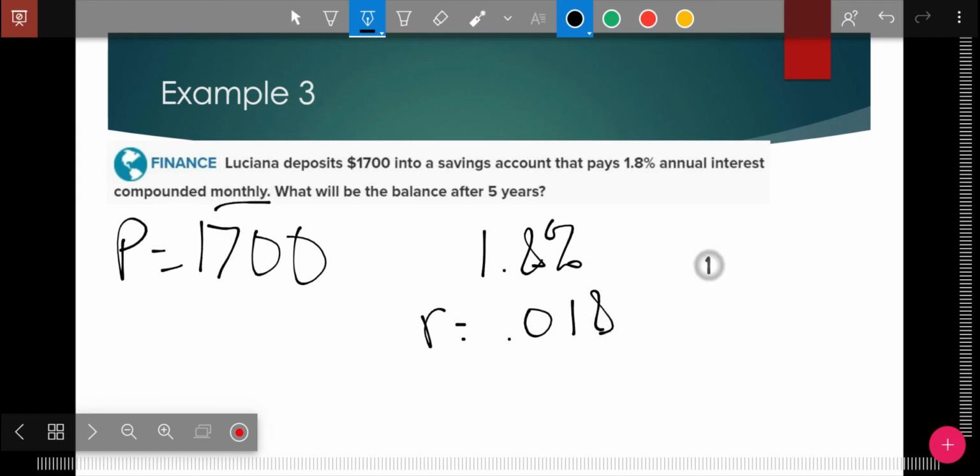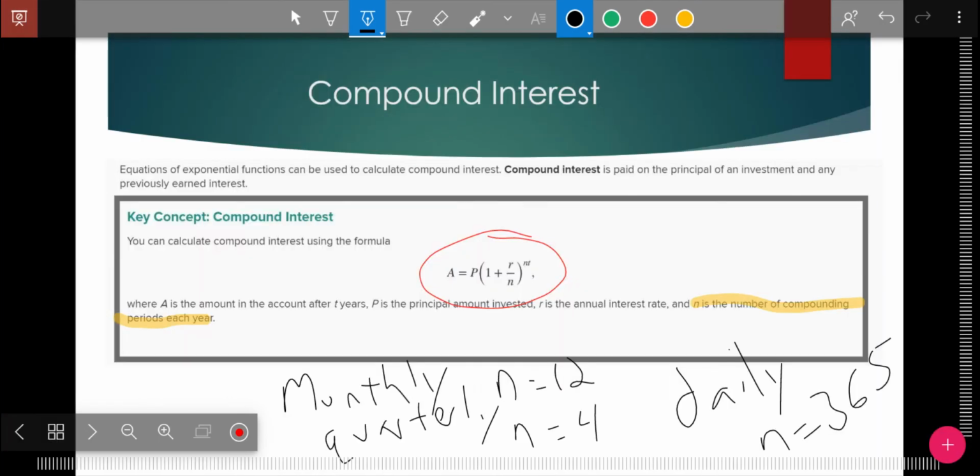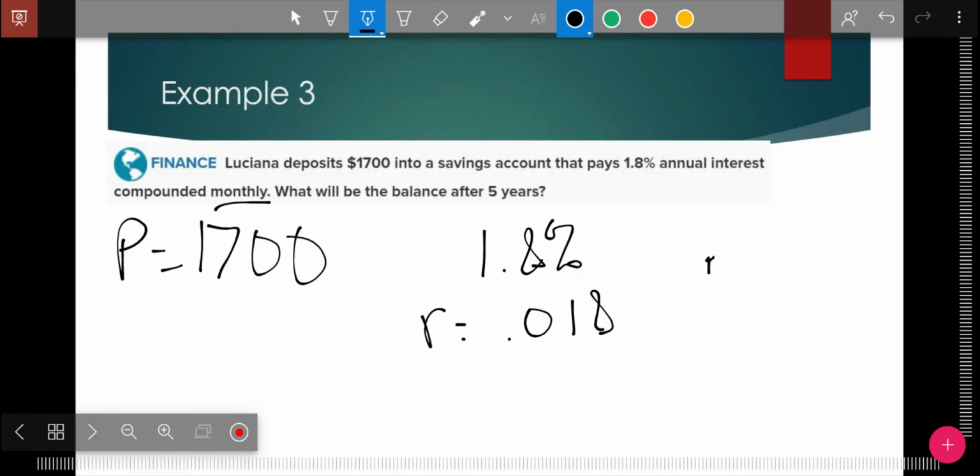Remember, n is how many times it's compounded, so my n is going to be 12. And then the time was 5 years. And so that's the first thing I need to get, all of those numbers that I'm going to plug into that equation.